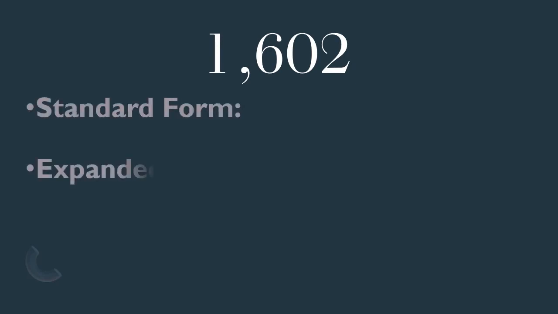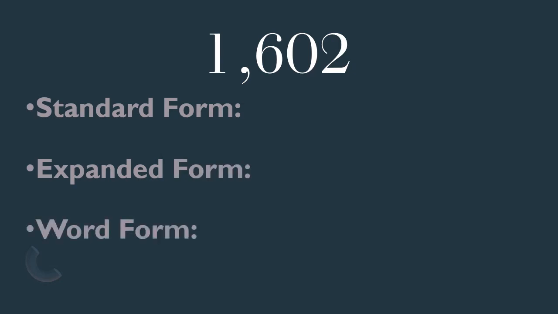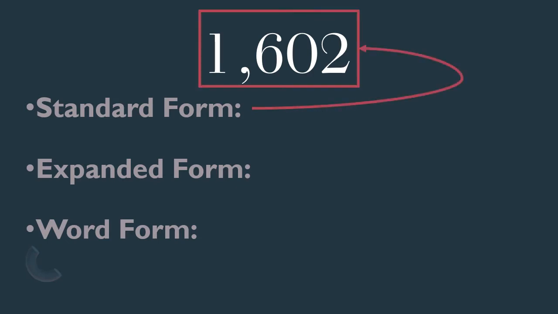How about a number like 1,602, where we have a 0 in the middle of our number? Well, again, we have three forms: standard form, expanded form, and word form that we can write our number in. Now remember, when we're using digits to represent a number, like 1,602 here, that is our standard form. Now expanded form, we're going to stretch that number out based on the value of our digits.